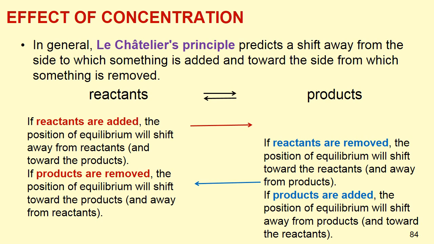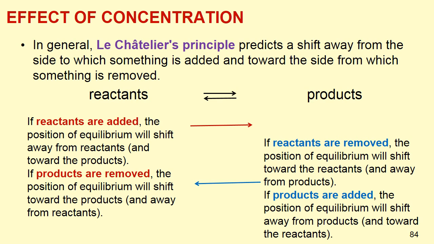In general, a shift will happen away from the side to which something is added, or toward the side from which something is removed. So let's say we have reactants and products in equilibrium, and then we add some more reactants. We just kind of pour some more in. Well, what's going to happen?